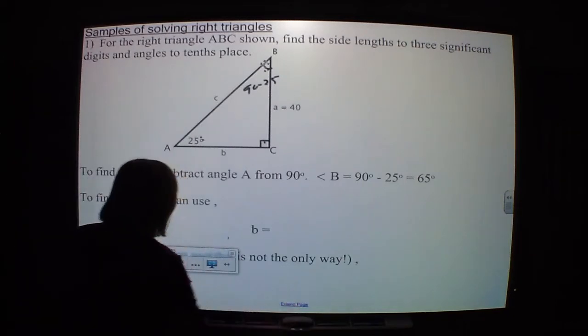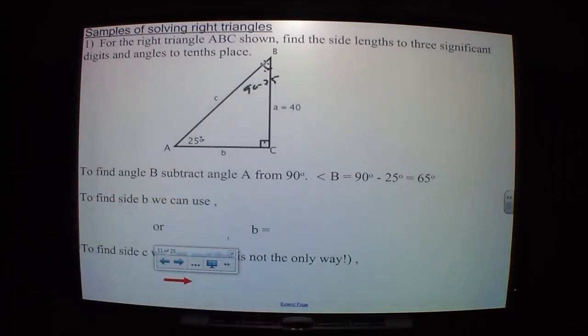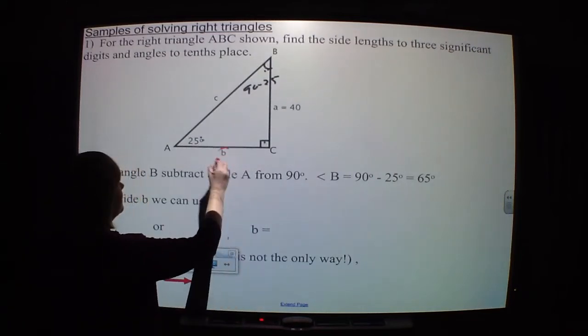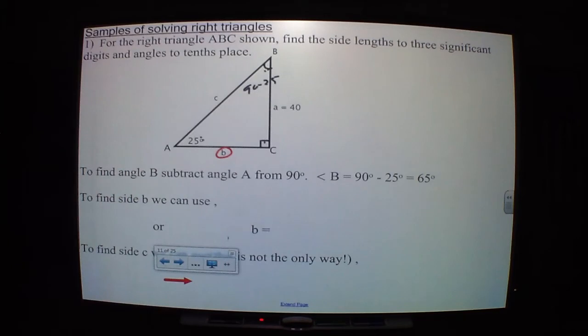Next, I could find b or c. It really does not matter which one. Okay, so I'm going to find b. And it doesn't matter if I use the angle 25 or the angle 65. It's still going to be a tangent.